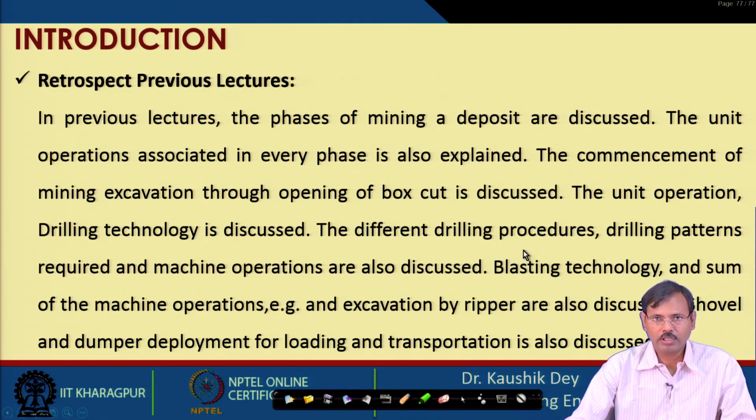And we have started discussing the excavation with surface miner, which is another blast free mining technology, a continuous excavation technology, and a highly applicable technology for the current surface mining situation.